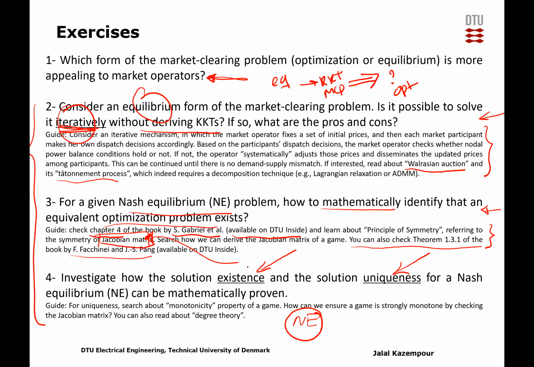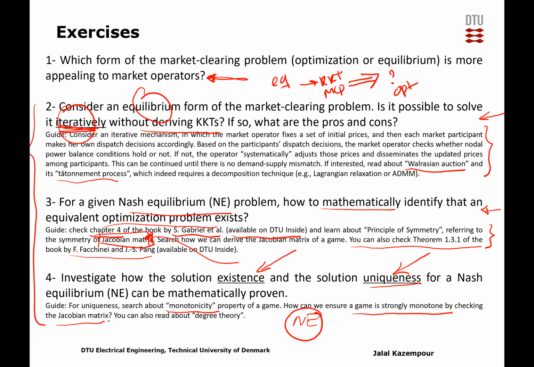So for existence, it's easy. You will find it easily. But for uniqueness, you need to read a bit more about the monotonicity property of the game, and to check how we can know that a game is strongly monotone by checking the Jacobian matrix, the matrix that you learned in exercise 3.